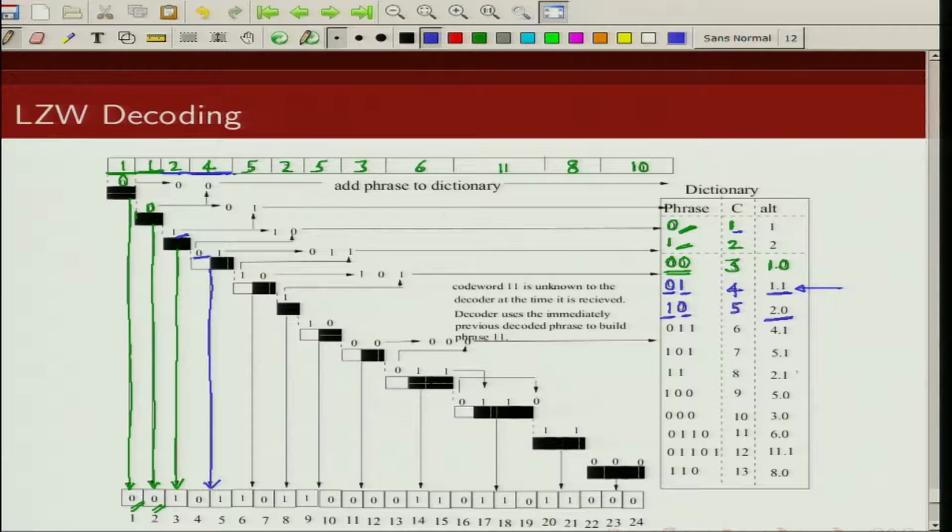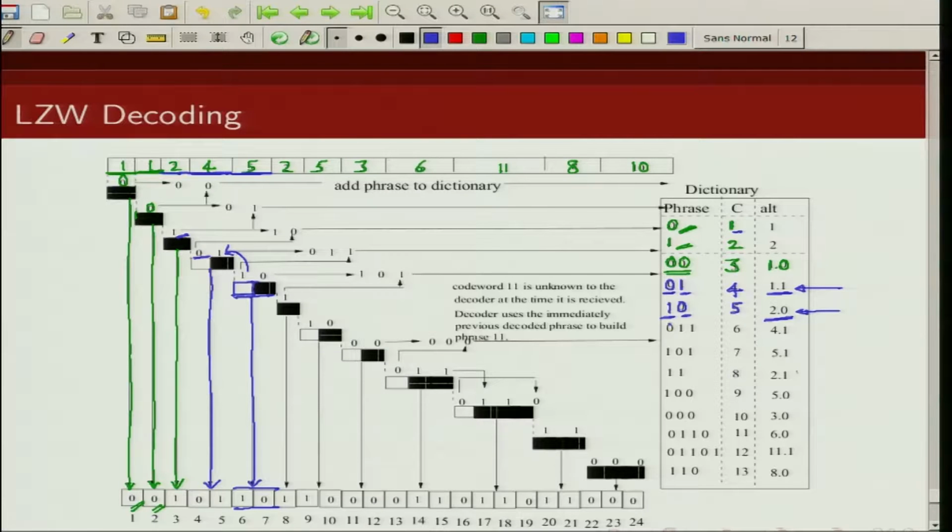Next, I decode 5. What is 5? 5 is 1 0. So 5 is decoded as 1 0. Now in 1 0, what is the innovation symbol? That's 1. This is the innovation symbol. Now I add this innovation symbol to the previous phrase, so I get 0, 1, 1.